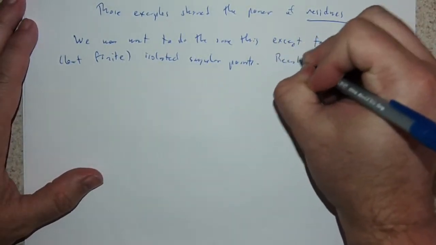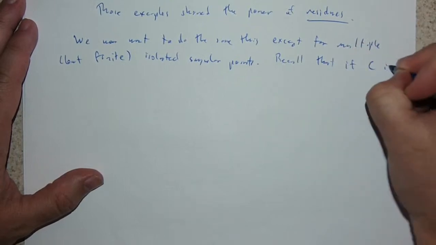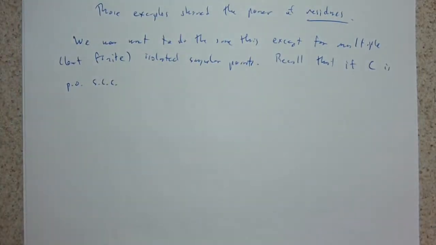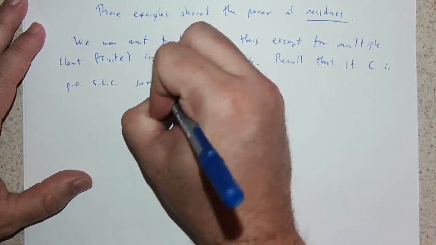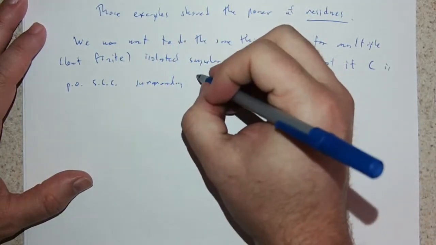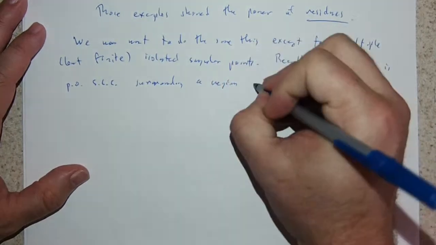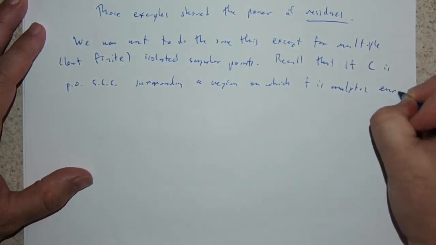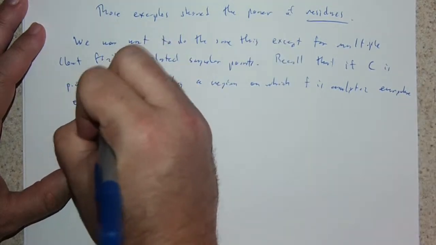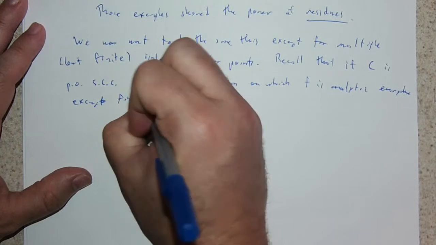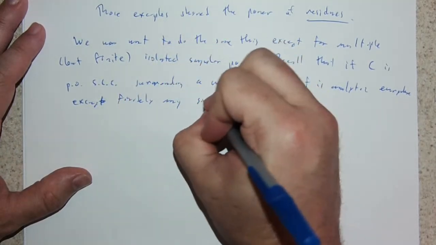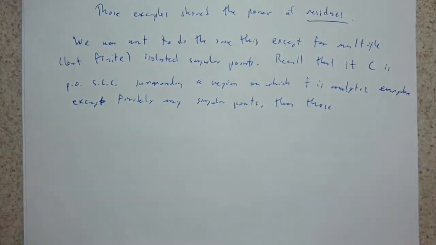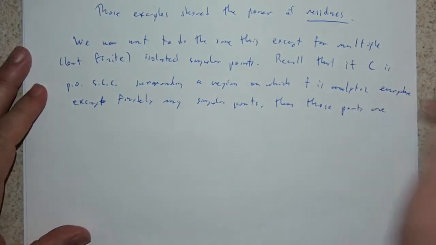Okay, recall that if C is a positively oriented, simple closed contour surrounding a region on which f is analytic everywhere except finitely many singular points, then those points are isolated singular points of f.